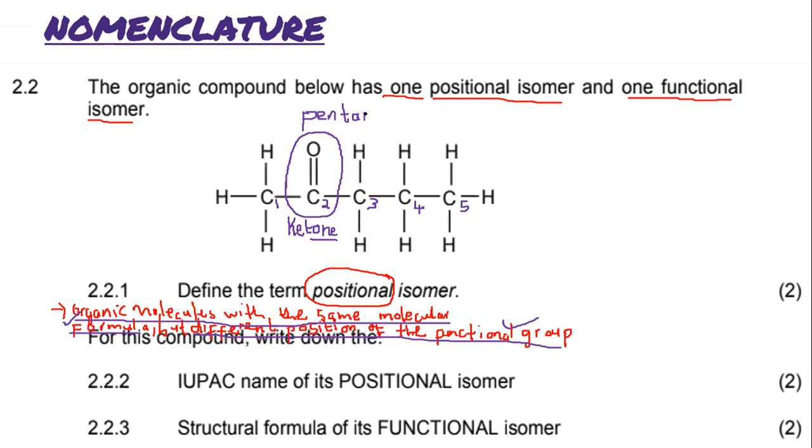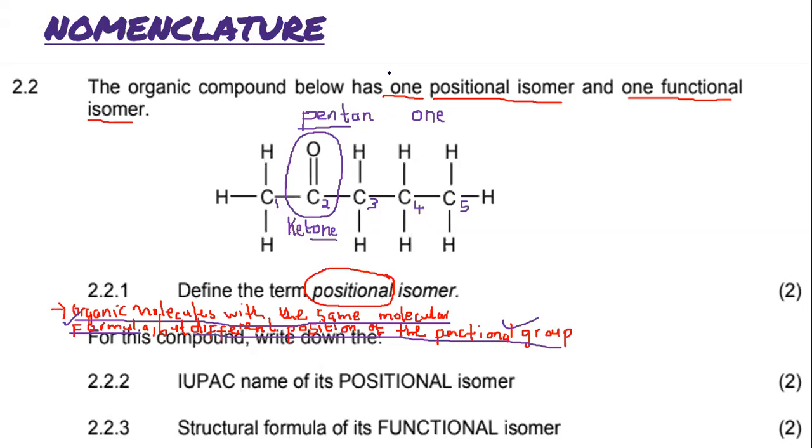Now, most of you know that 5 means pent, right? But remember, you must have that AN because that's how we name them. So it's a pentan. And I said to you, the name is going to end with ONE because it's a ketone. So the name must end with ONE.